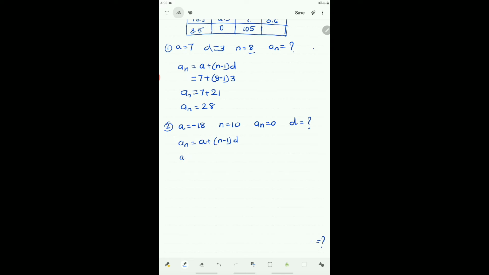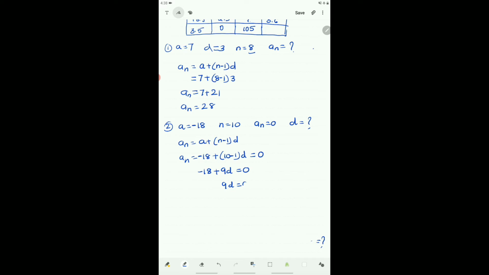An is 0, so you write minus 18 plus 10 minus 1 into d is equal to 0. That is minus 18 plus 9d is equal to 0.